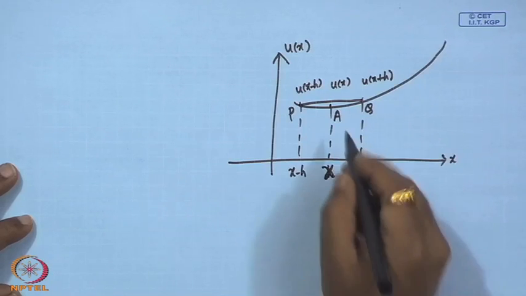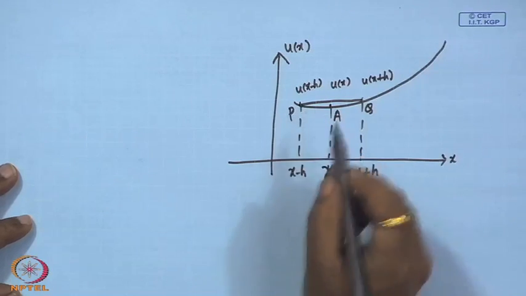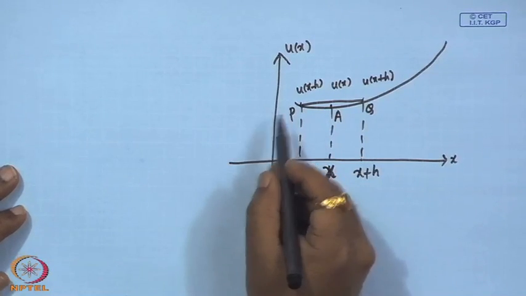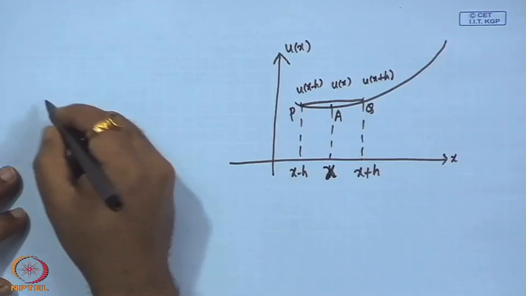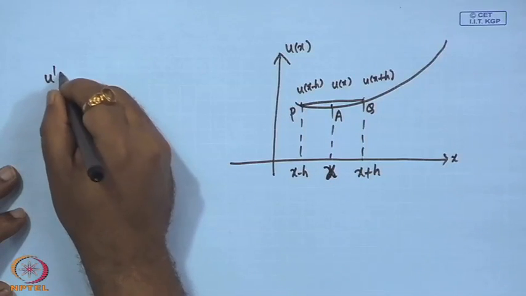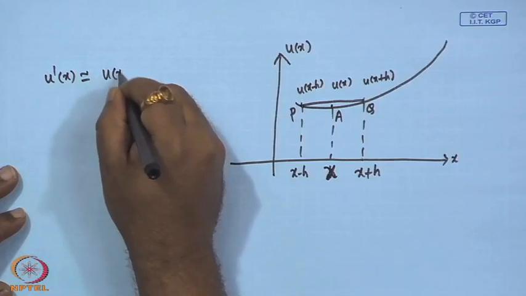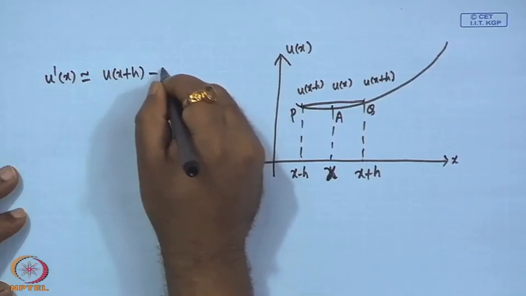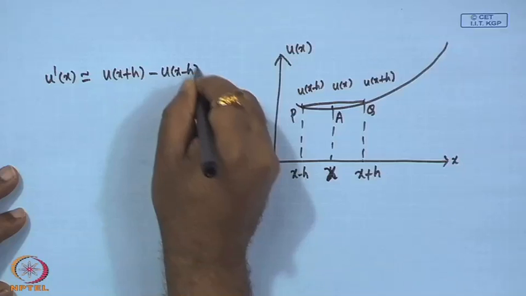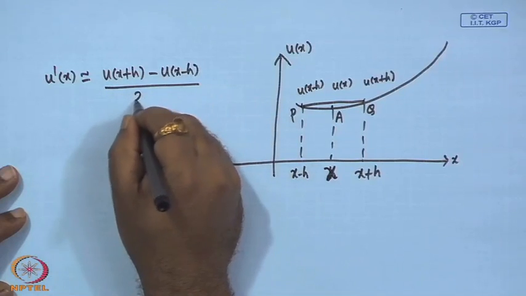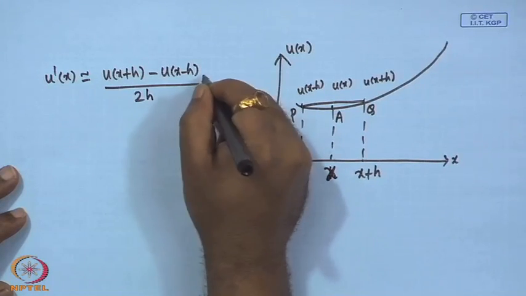So geometrically, the formula we have obtained is u dash of x approximately u of x plus h minus u of x minus h, divided by 2h.